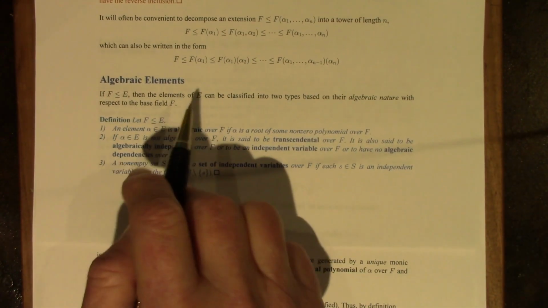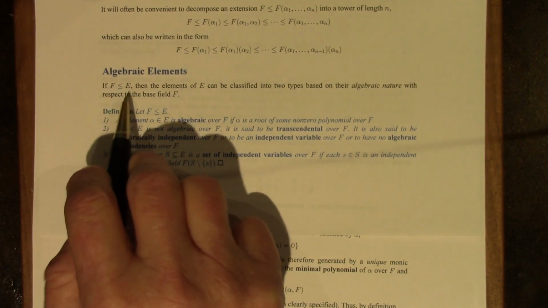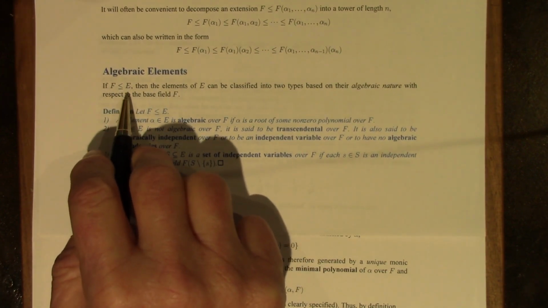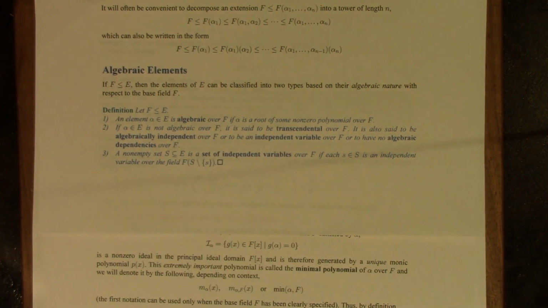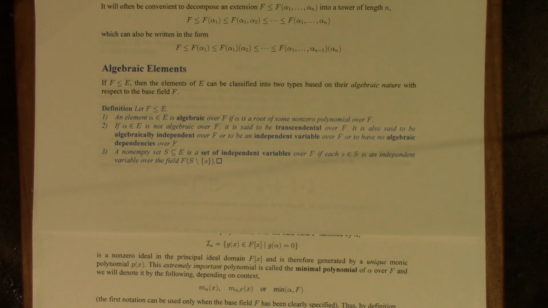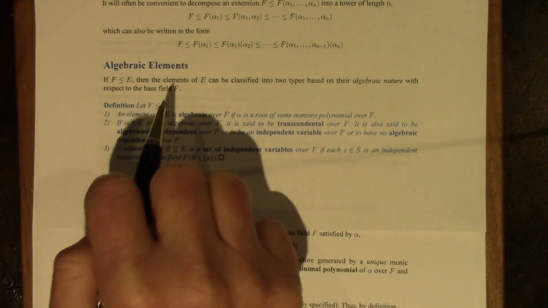Okay, let's talk about algebraic elements. If F E is an extension, then the elements of E can be classified into two types based on their algebraic nature with respect to the base field.